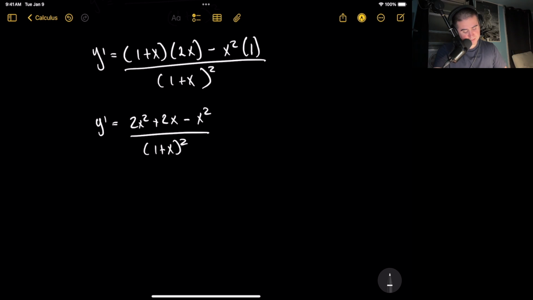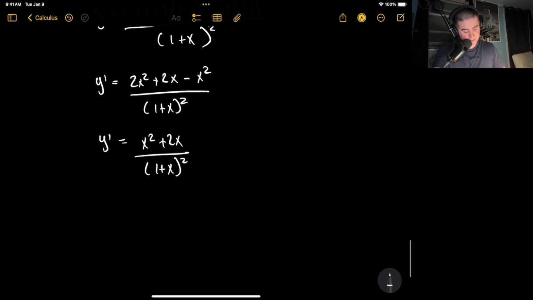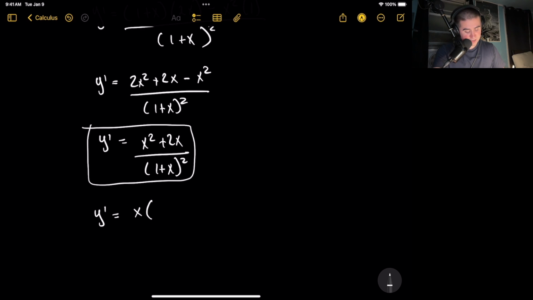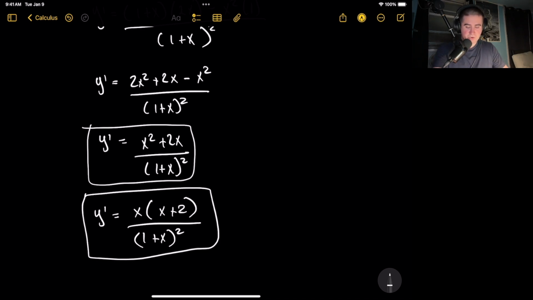And we'll combine like terms, so we're left with y prime is equal to x squared plus 2x over 1 plus x, and then square that. And you could leave this as your answer, or you could factor out what's common in the numerator, which is the x, and we will have x times x plus 2 over 1 plus x, and we square that. And this could also be your answer.